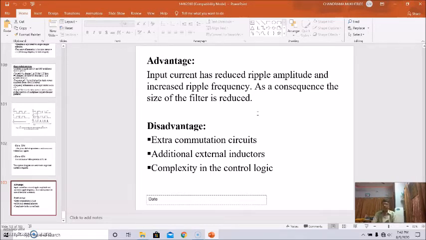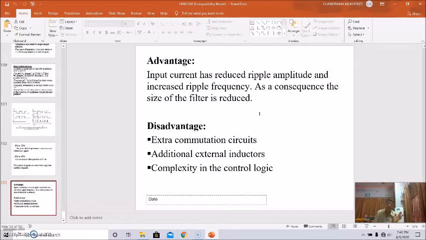So that is in a nutshell the operation of multi-phase choppers in in-phase operation mode and in phase-shift operation mode, and what the different waveforms are at different alpha values for phase-shifted operation as well as in-phase operation.